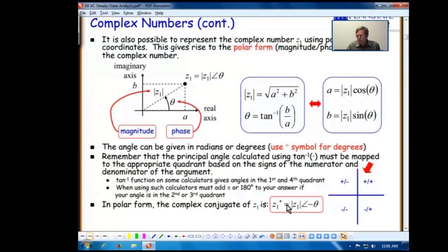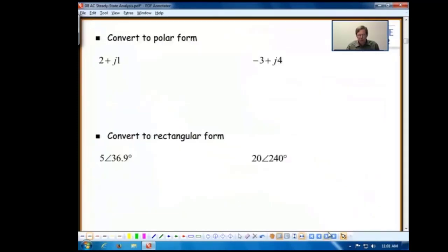So most calculators will return the principal angle, which is the one that lies in the first or the fourth quadrant. You have to keep that in mind and treat the angle accordingly if your a and b values happen to turn out so that you're in the second or third quadrant. We'll do some examples that'll point that out.